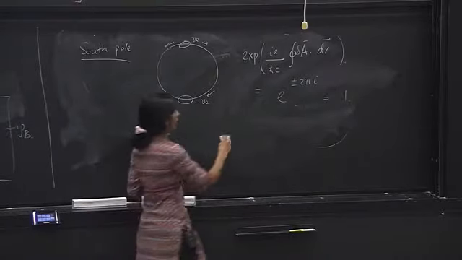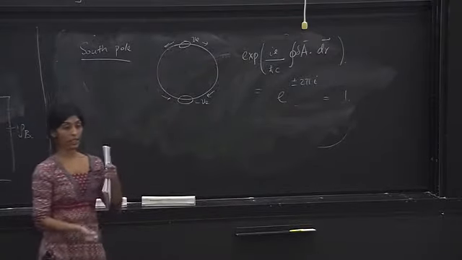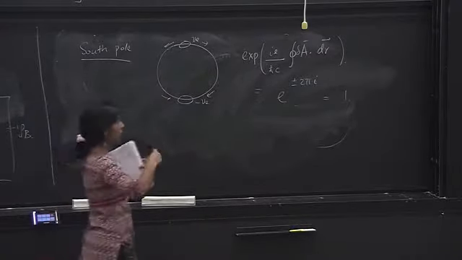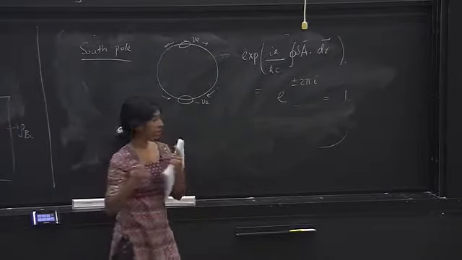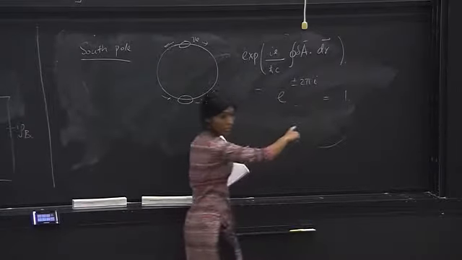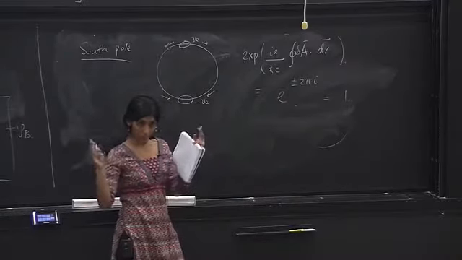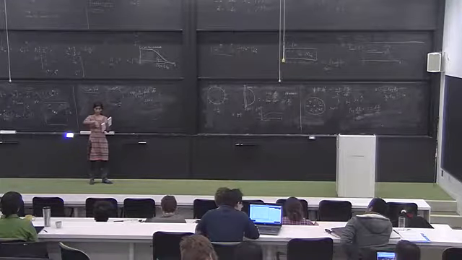Okay? So because of the Aharonov-Bohm effect, you know that an electron going around a flux picks up a phase, right? That is the Aharonov-Bohm effect. And this phase ends up being just +1. So in effect, this flux is invisible to the electrons in that they can't detect it in their motion.